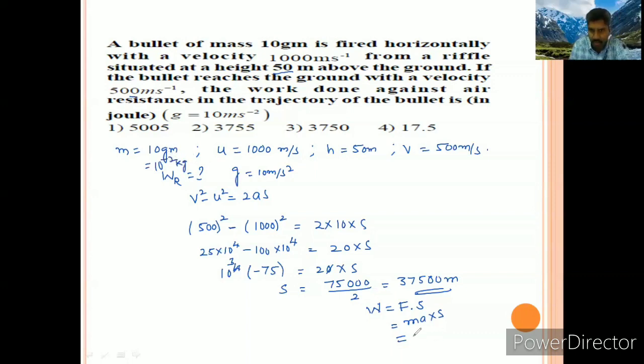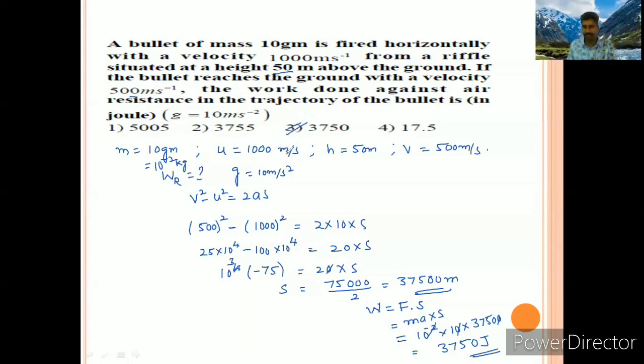So 10 to the power of minus 2 into 10 into 3750. Finally 10 cancels, one more 0 cancels. 3750 joules is the answer. So the third option is the correct one.